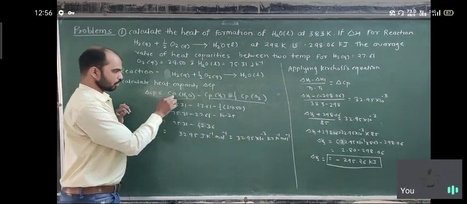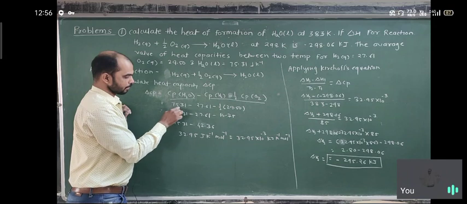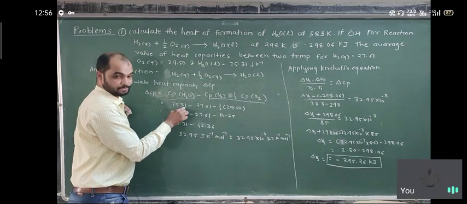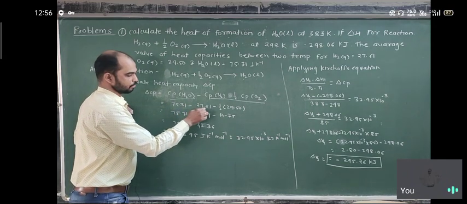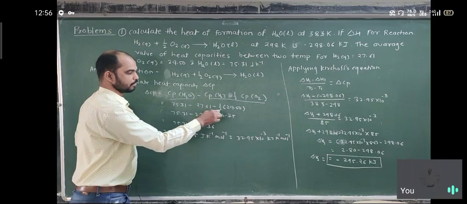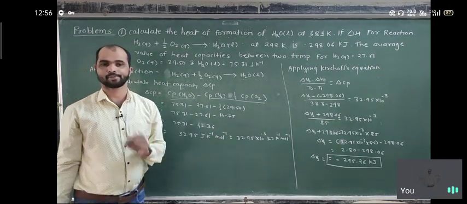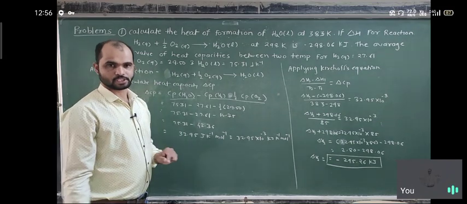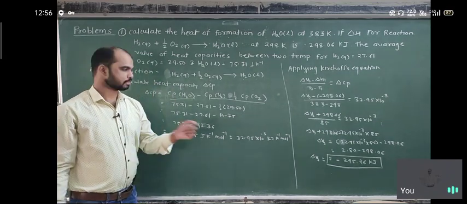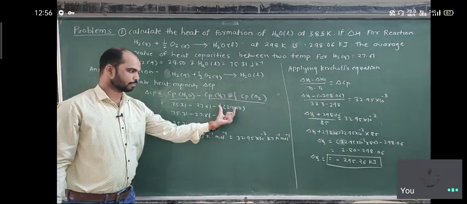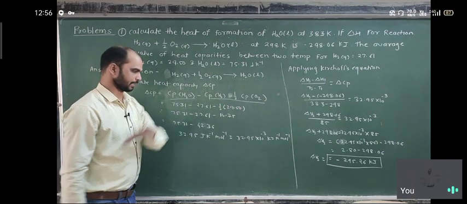Okay, so the heat capacity of reactant is 75.31 minus 27.61 for H2 and 1/2 of 29.50, because O2 is given as 29.50 but only 1/2 oxygen is used, so we take 1/2 of 29.50.